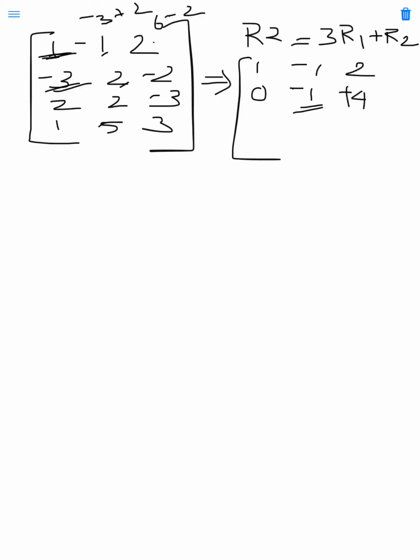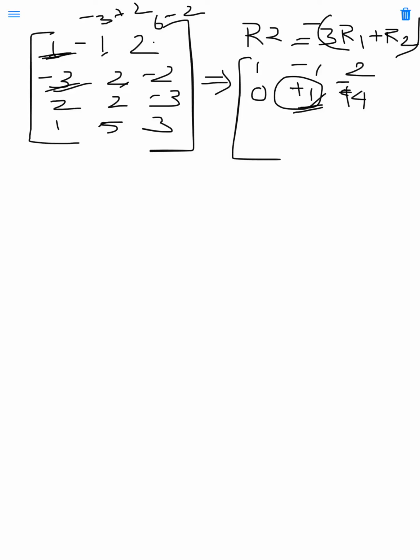Okay, so here this value can be made the pivot. For that you are just negating the operation. Negating this operation, you will be getting what? Plus 1, and here minus 4.